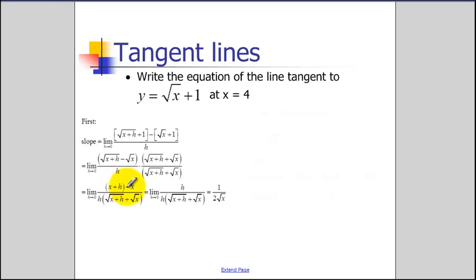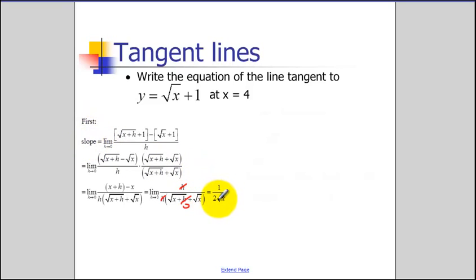If we simplify the top, we get h. On the bottom, we have h times our expression here. We can now cancel out the h's, and we get 1 over 2 times radical x, because we're also putting 0 in for h. So now this is a formula for the slope of a tangent line at any value of x.